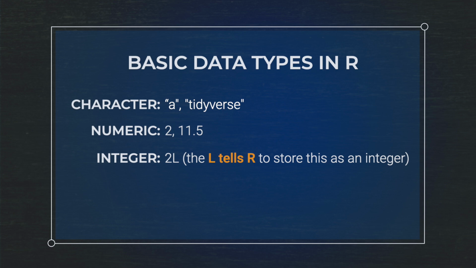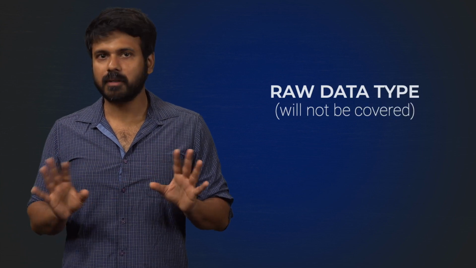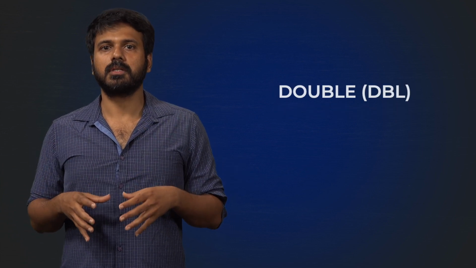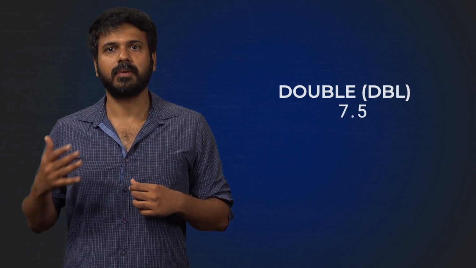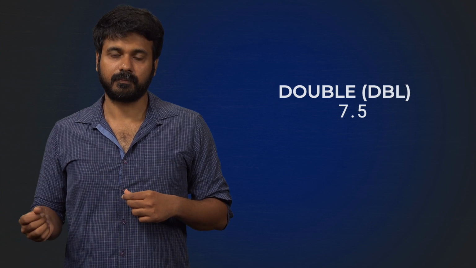So when you see a number with an L after it, you know that it's an integer. There's a logical data type, which can take on a true or false value. And there's the more exotic raw data type that we won't be covering. You will also come across what's known as a double or DBL. And this simply refers to a number with a decimal point.